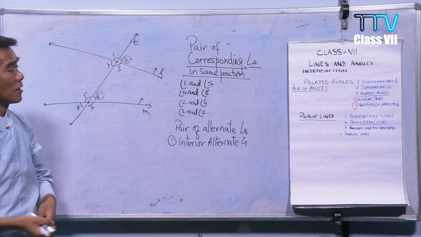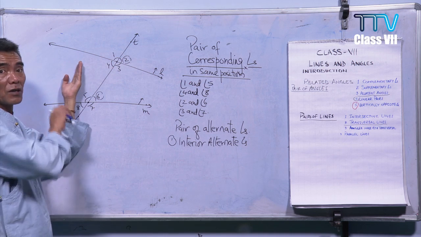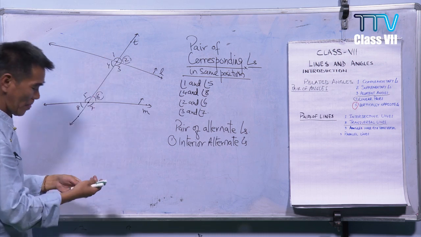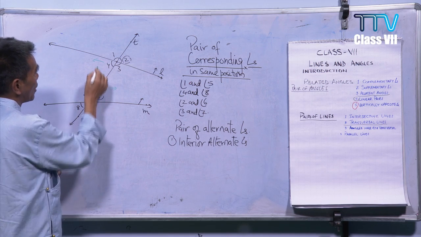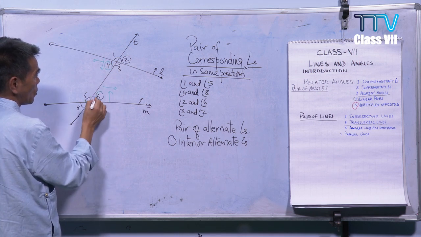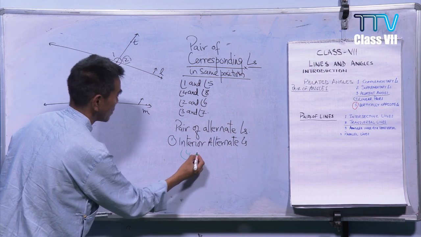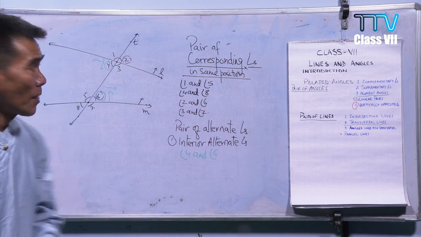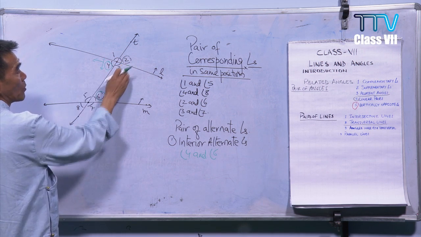Alternate angles lie on opposite sides of the transversal, one at line L and one at line M. So angle 4 and angle 6 are interior alternate angles.